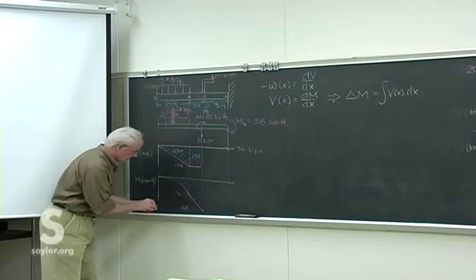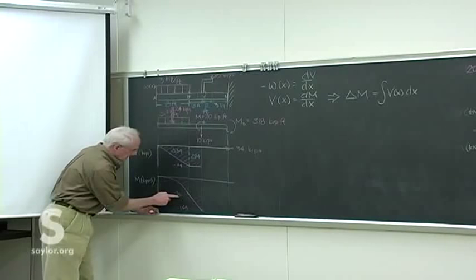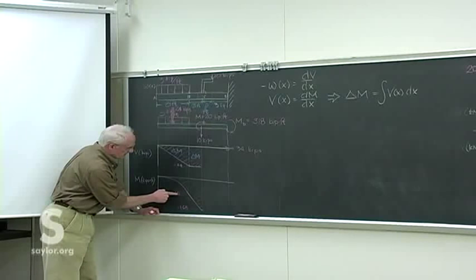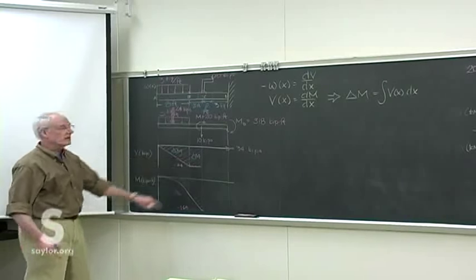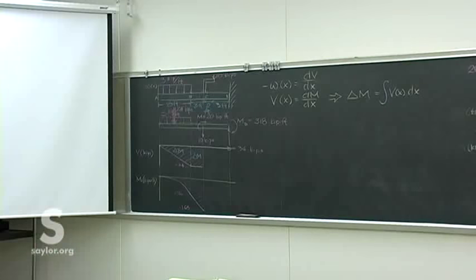So that's our change in moment from the point where we just left off to the point where we're now finishing, because that was the area of the shear curve right there above it. And we can continue.